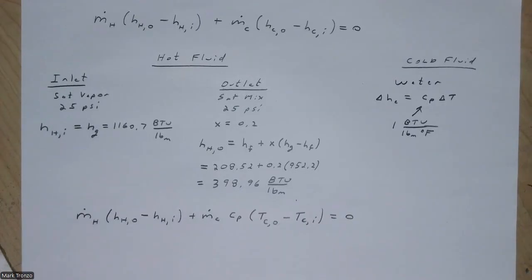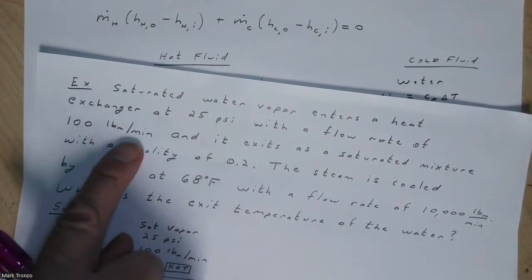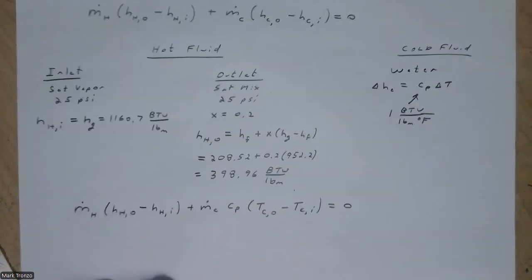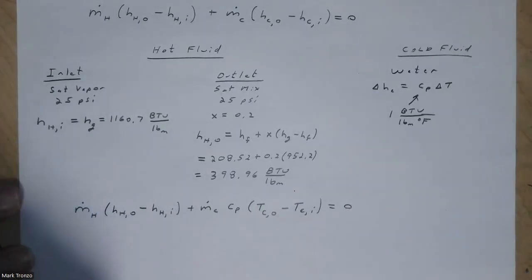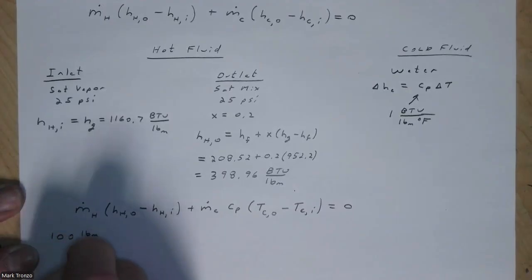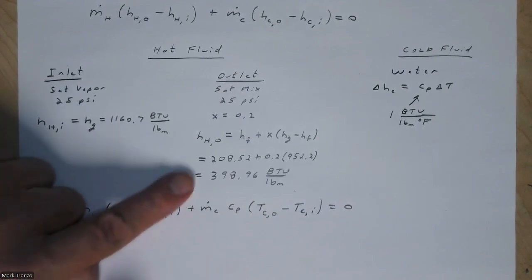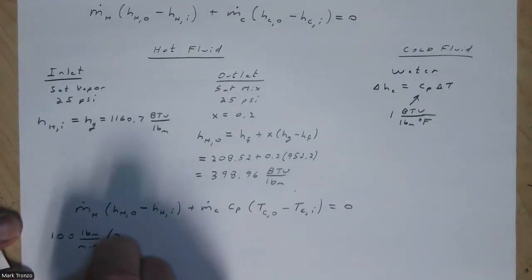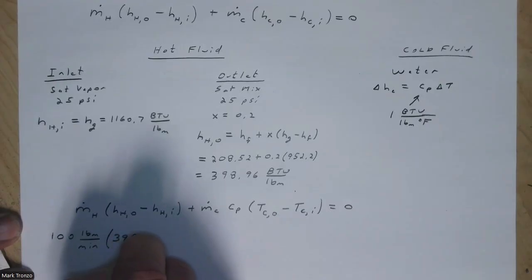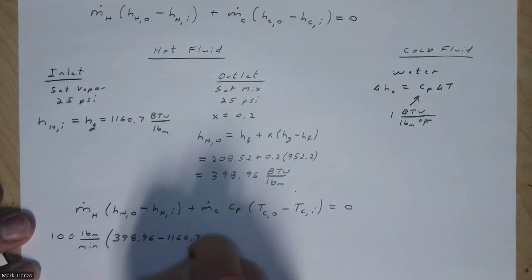And we know our flow rate is 100 pounds per minute for the mass flow rate for the hot. So that's what we actually need. And our H hot out was 398.96 minus our 1160.7. I'm going to put the units on the end here.